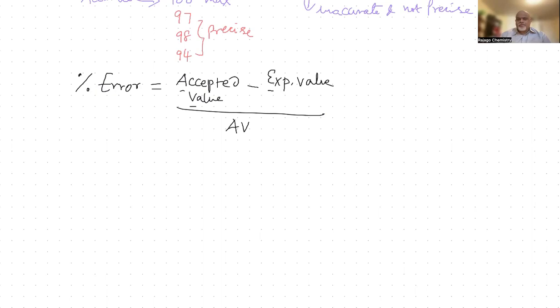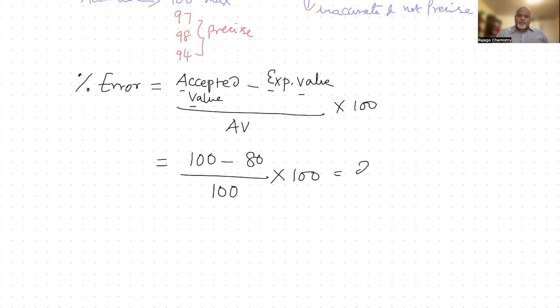Times 100. Let's say the accepted value for the test, we have to get 100 out of 100. What you got is 80. The accepted value is again 100. Multiplied by 100, what is the error? The error is only 20%. So this is very simple. We are just using the value that you got, the experimental value.